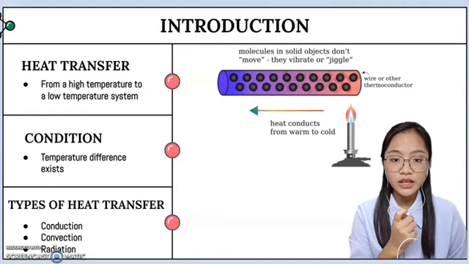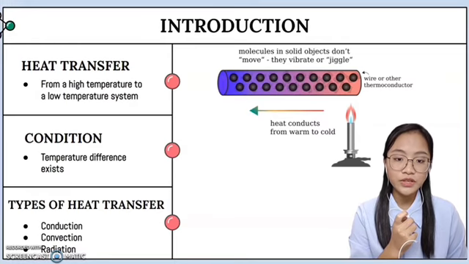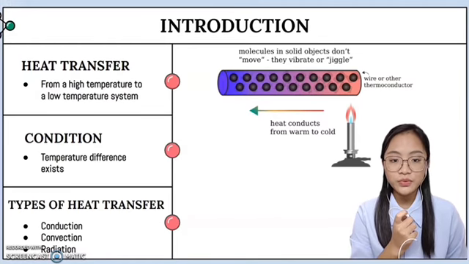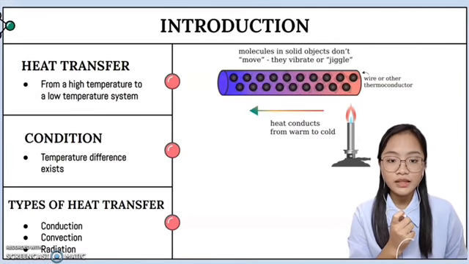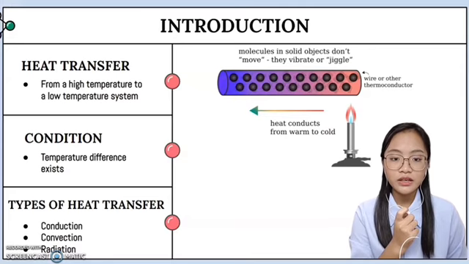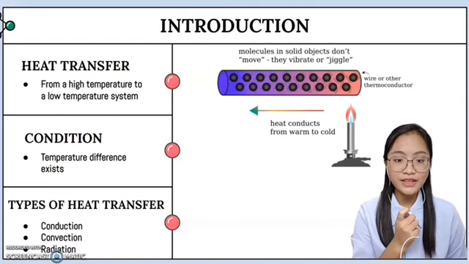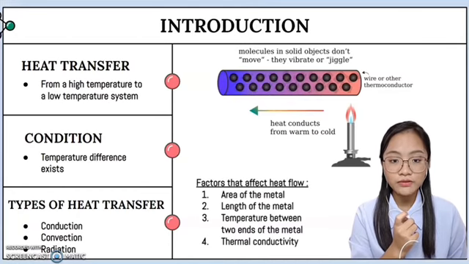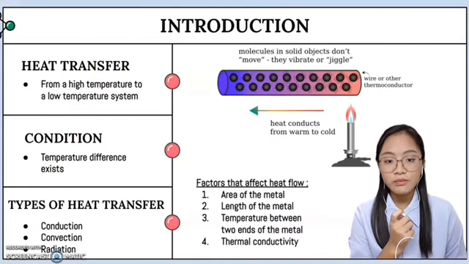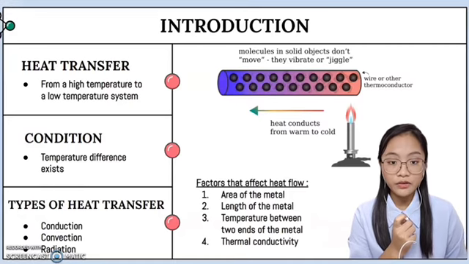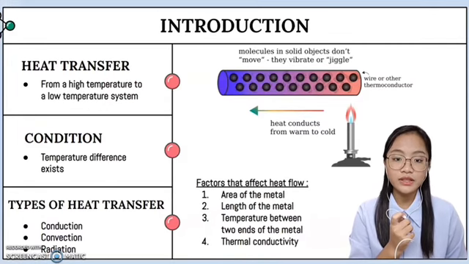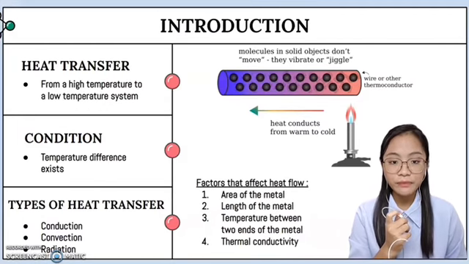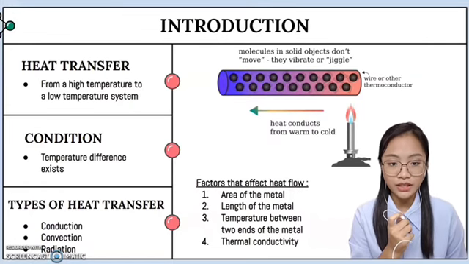The vibration makes the heat energy transfer to the neighboring atoms, and this process is repeated until the heat energy reaches the other end of the metal. In general, the amount of heat flow in the metal depends on the area of the metal, the length of the metal, the temperature between two ends of the metal, and its thermal conductivity.